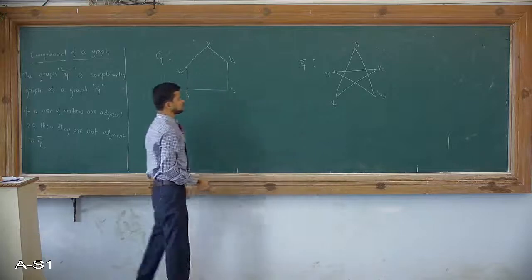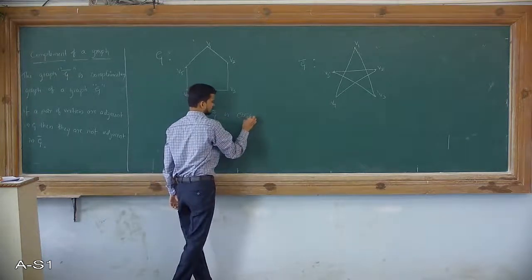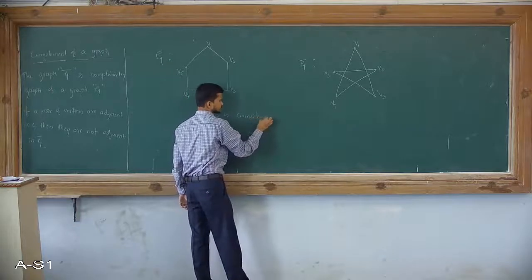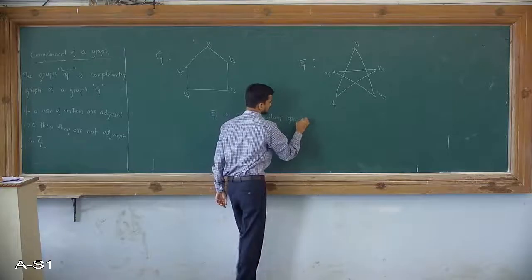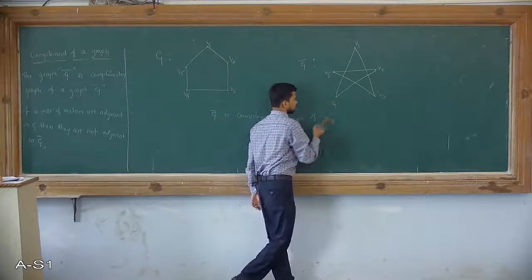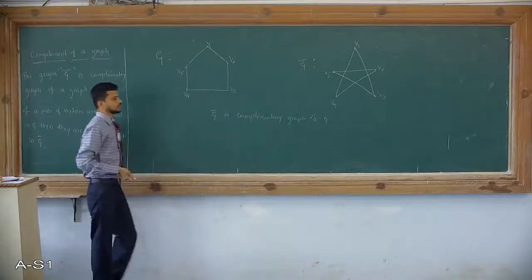So now G bar is the complementary graph of G.